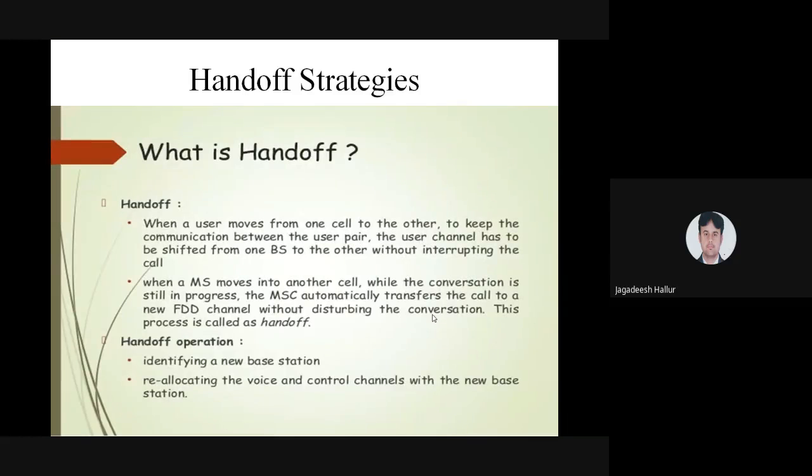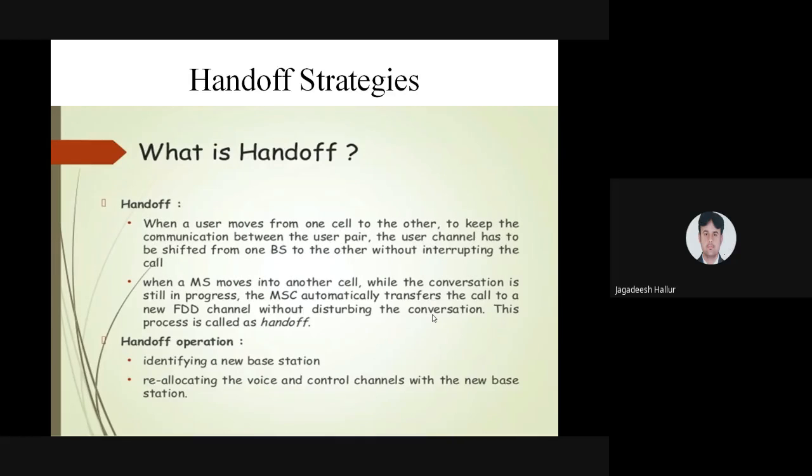Next point for unit number 1 is handoff strategies. What is a handoff? Handoff is nothing but one cell handing over to the next cell. One tower hands over the particular channel to the next tower. You are crossing from tower to tower.